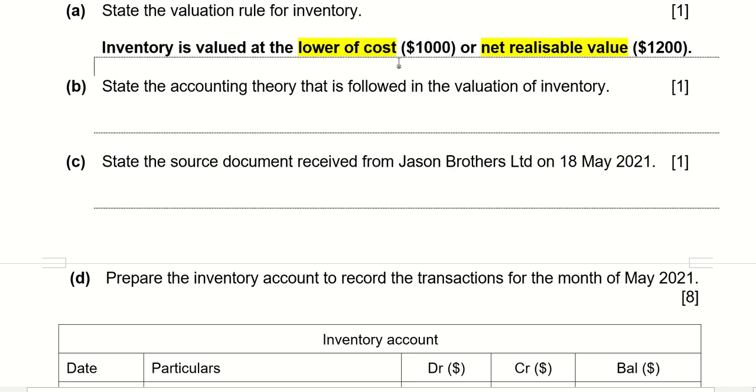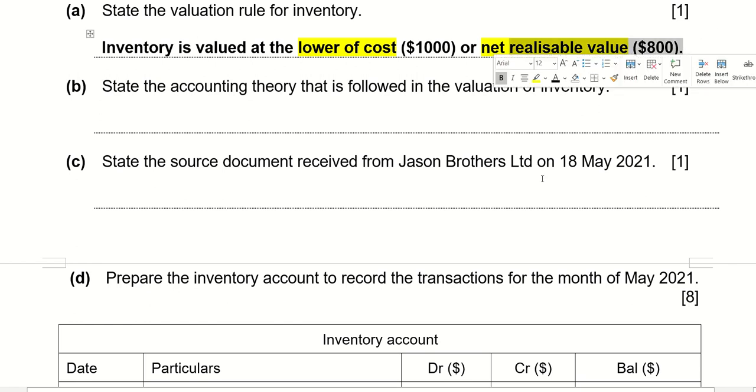However, if your cost is $1,000 and your net realizable value is about $800, then you should record it at the net realizable value, $800.